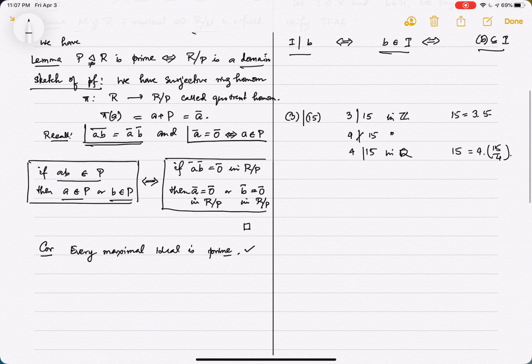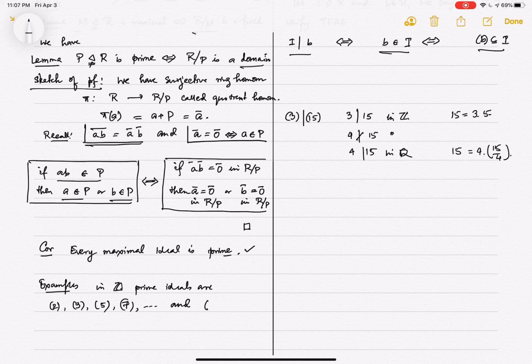So how about examples quickly? In Z, the prime ideals are the ones generated by prime numbers, because these are all maximal ideals after all, and also the ideal generated by 0.